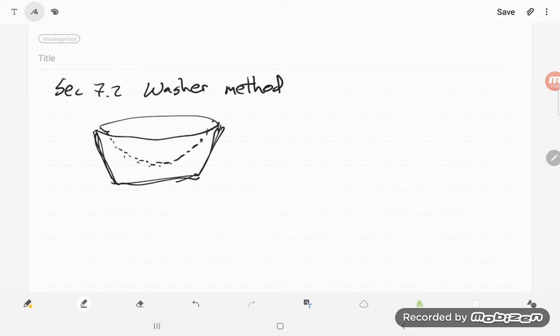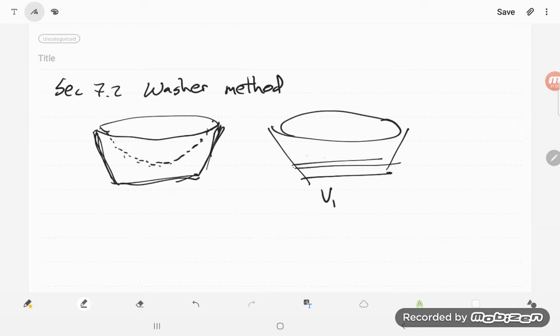the way I would say good problem solving to think about this is, well, find the volume of the bowl without the divot cut out of it, or the inside cut out. So find this volume 1, and you would do that with disks.